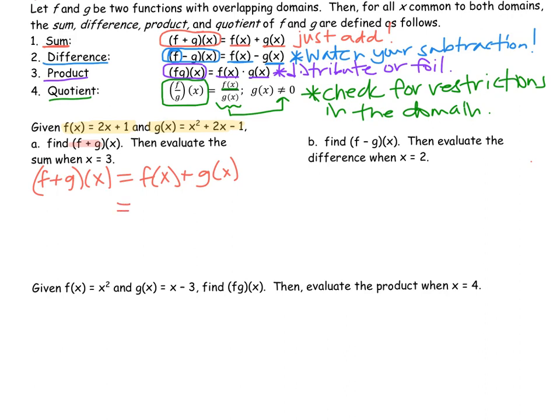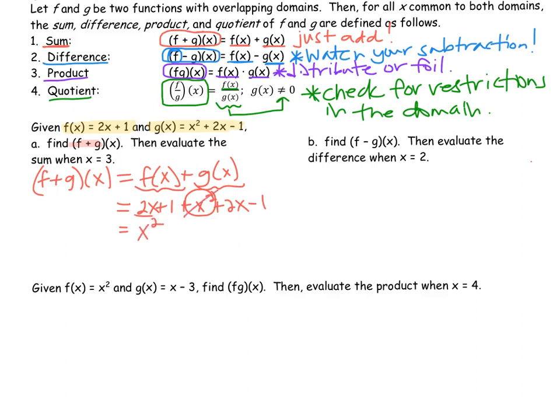f of x is 2x plus 1. That's that first function. And we're going to add g of x, which is x squared plus 2x minus 1. If we put this in standard form, the biggest term is that x squared. That's our quadratic term. It has no other like terms with it, so that will go first.